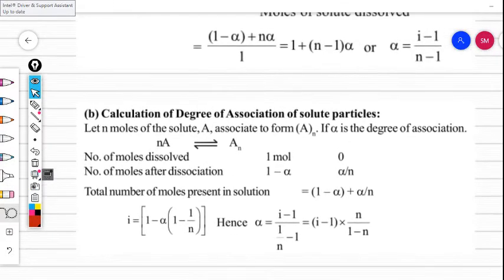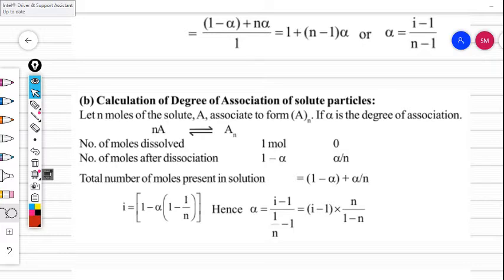Association is similar to dissociation, but there is an accumulation of the molecules. If you take n moles, it is going to form an n-mer, a polymer. If the degree of association is alpha, each mole becomes alpha by n particles. So the total number of moles present in the solution after association will be 1 minus alpha plus alpha by n.